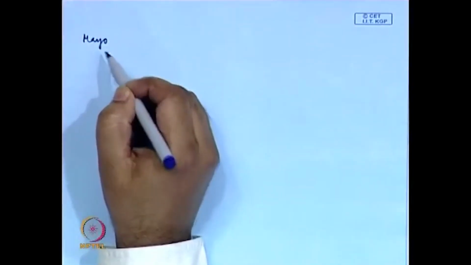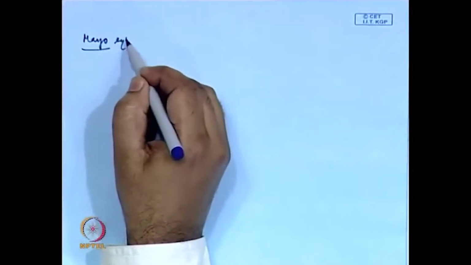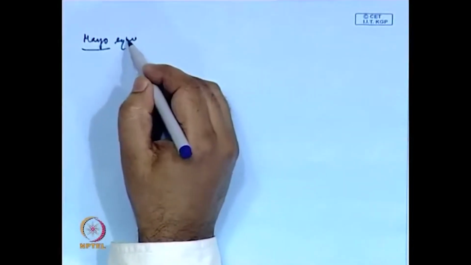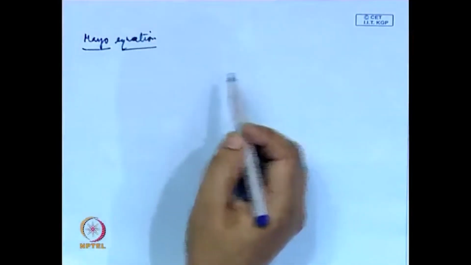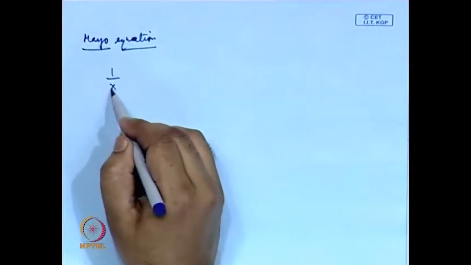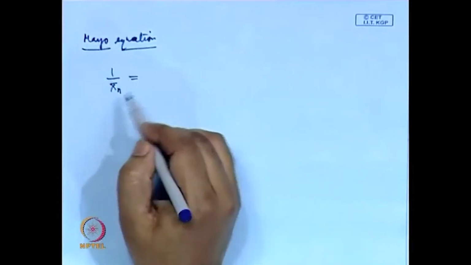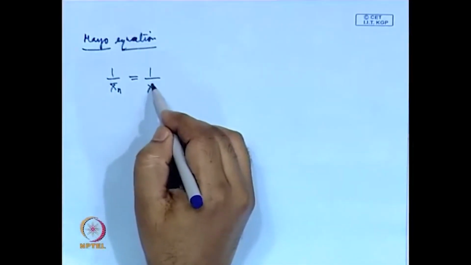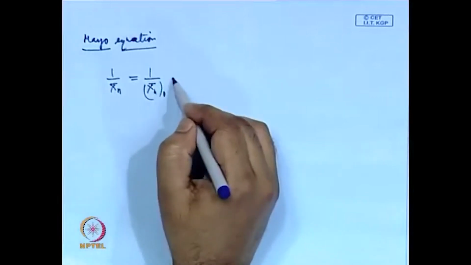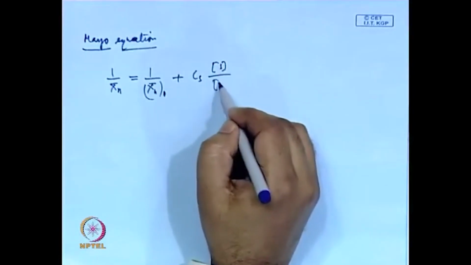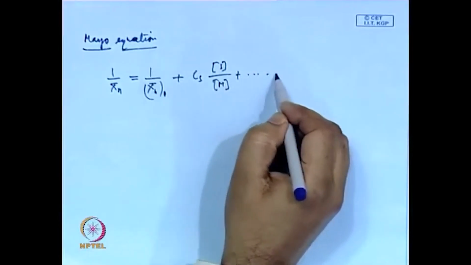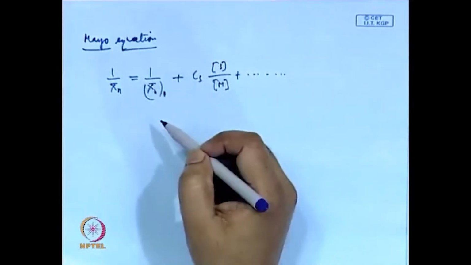From the Mayo equation we have seen how the molecular weight varies with chain transfer, where we can write this.